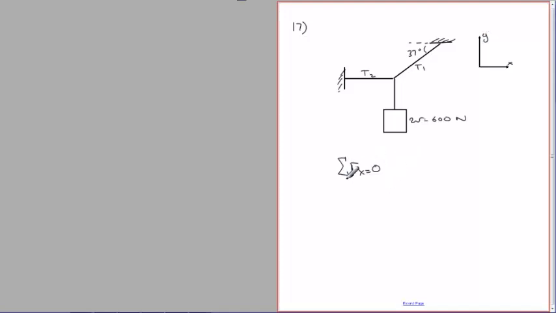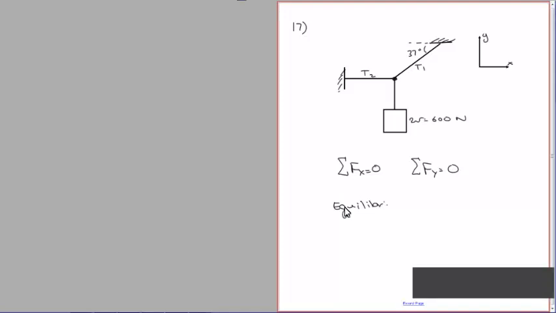So we are going to say the sum of the forces in the x direction at this point is equal to 0, and the sum of the forces in the y direction is equal to 0, because if they weren't 0, then we'd have some movement. This is what's called equilibrium, the case where nothing's moving.